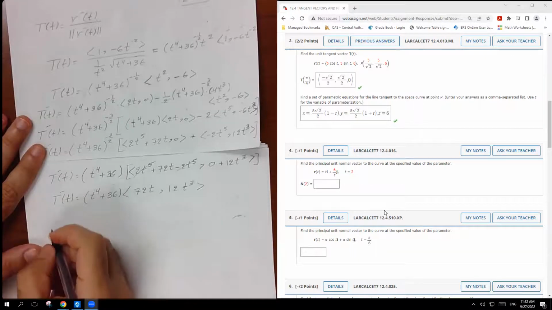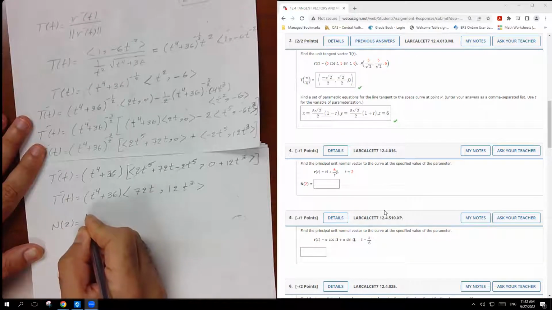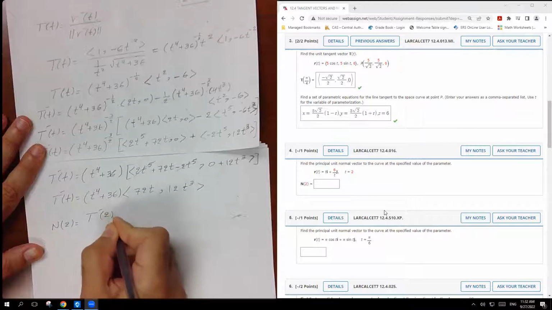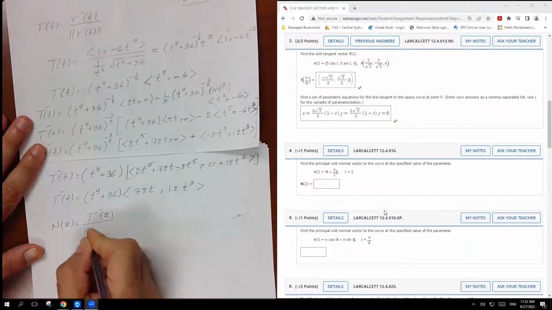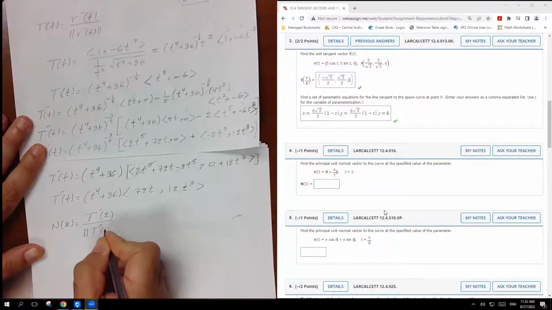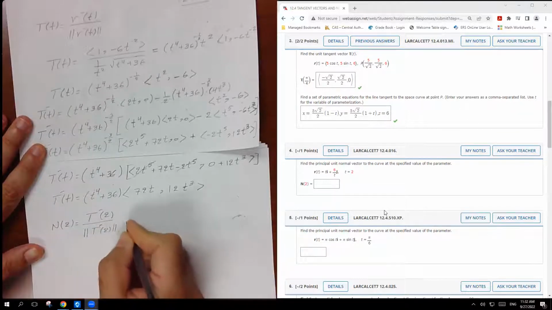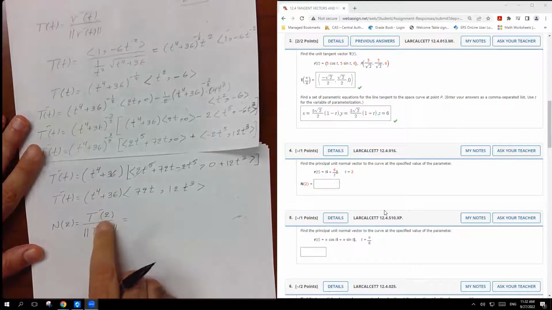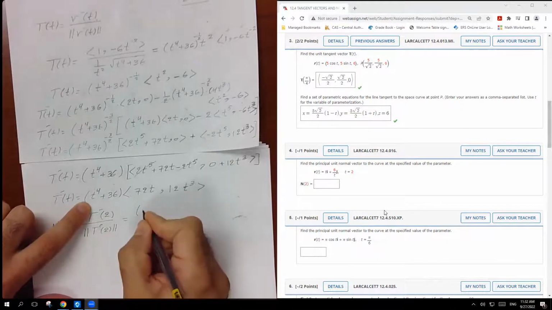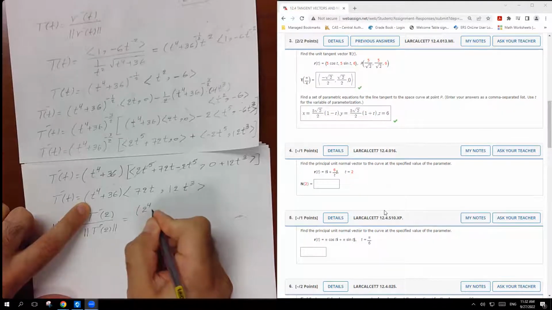So I'm just gonna go ahead and write down n to the 2 is going to be t prime with respect to the 2 over the length over t prime with the 2, which is going to be, I'm gonna plug in 2 here. So this side is going to be 2 to the power 4 plus 36.